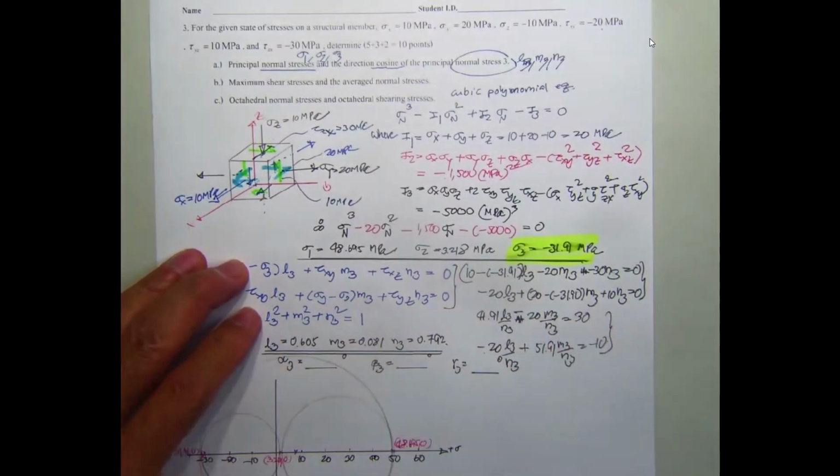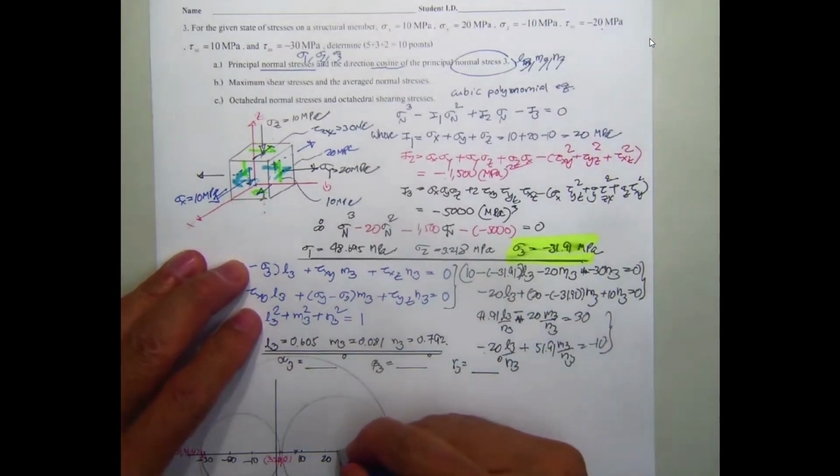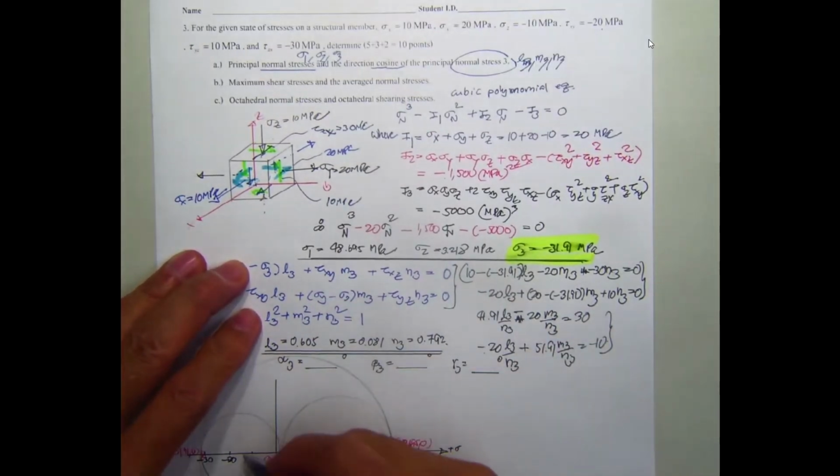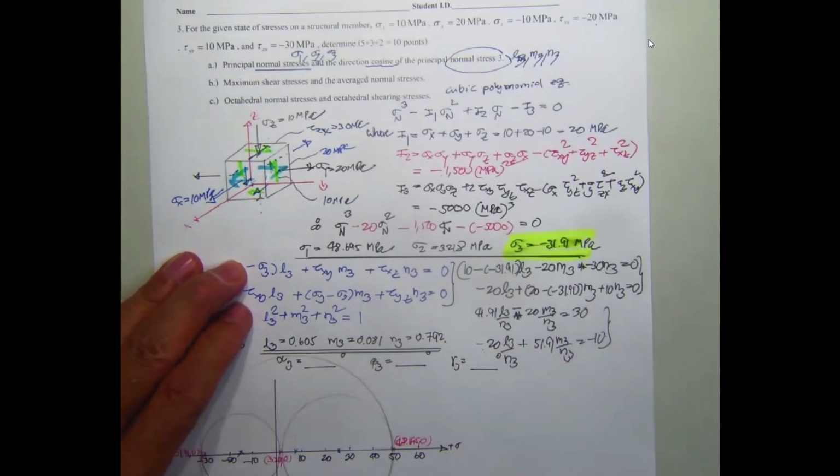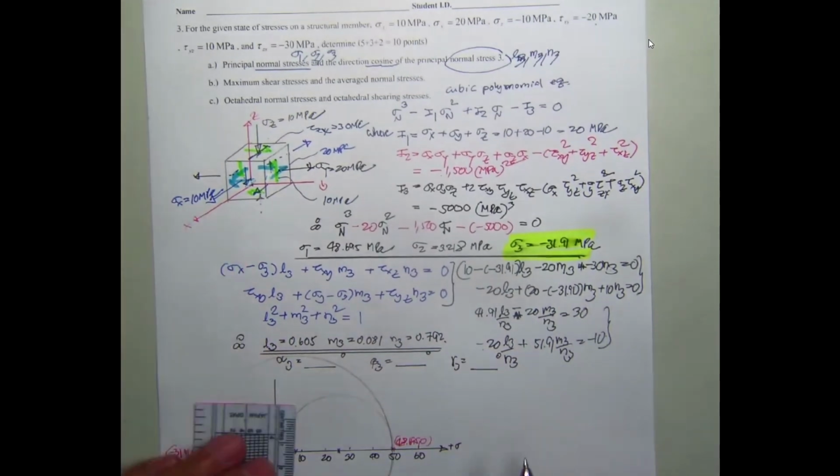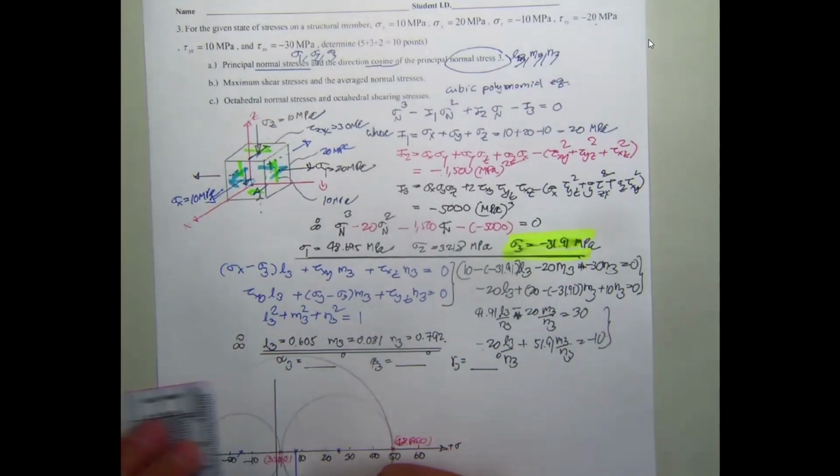Now, you get the center of this one, you get the center of this one, and you get the center of this one. For this one, you will use to determine tau max. That's going to be tau between 1, 3.